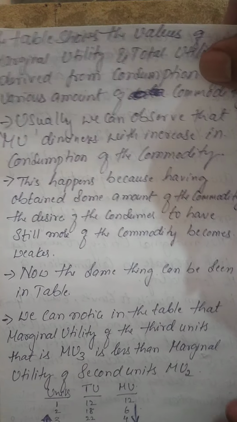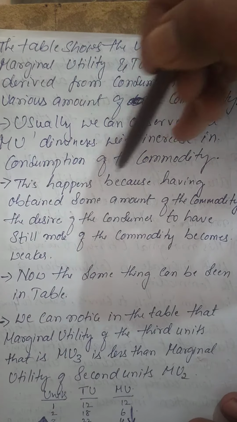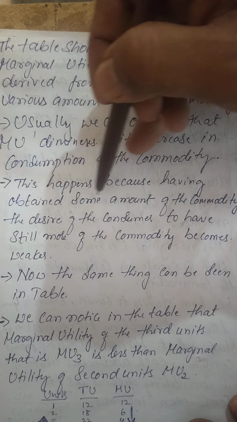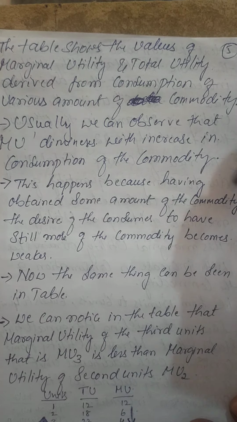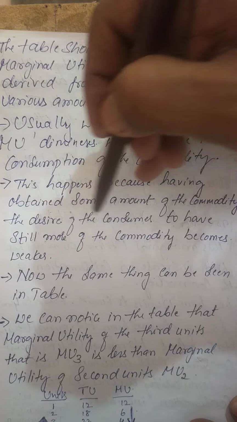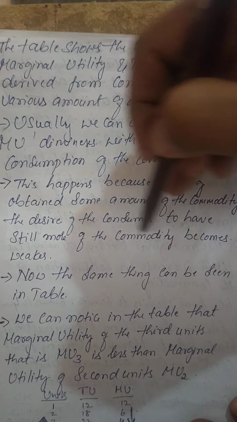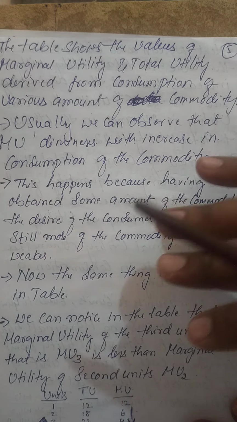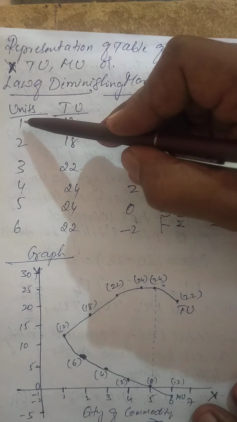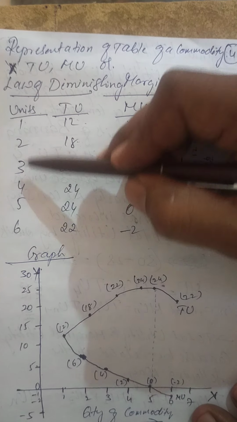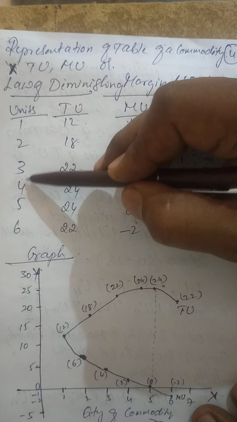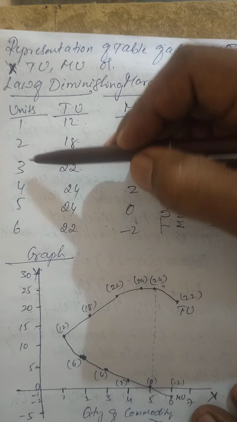Next point. This happens because, having obtained some amount of a commodity, the desire of the consumer to have still more of the commodity becomes weaker. I have already had so much of the commodity in my stomach. So 1, 2, 3, 4, this many units of consumption I have done.